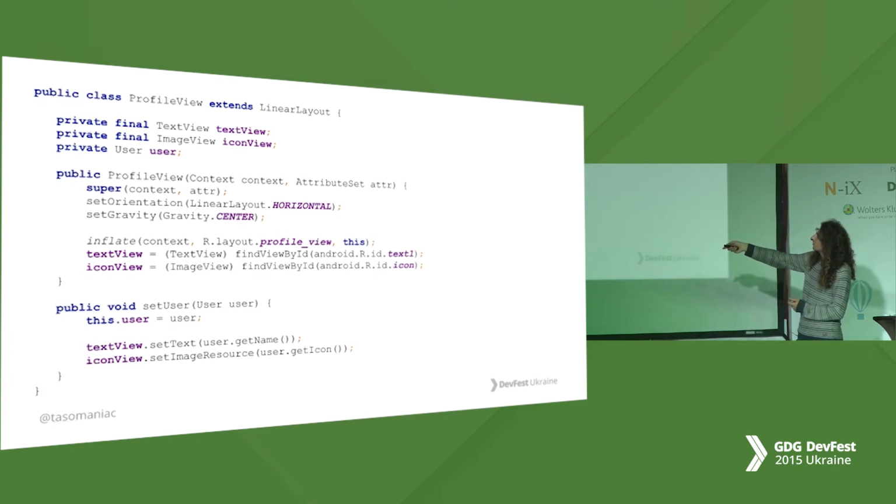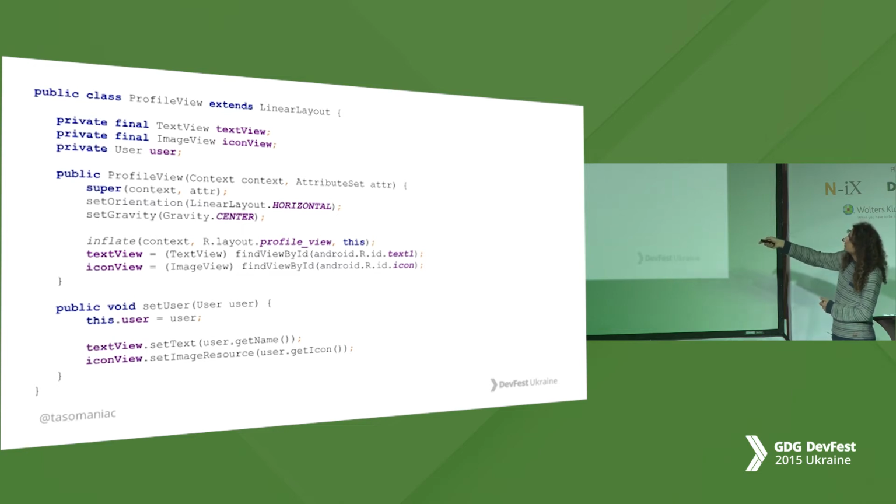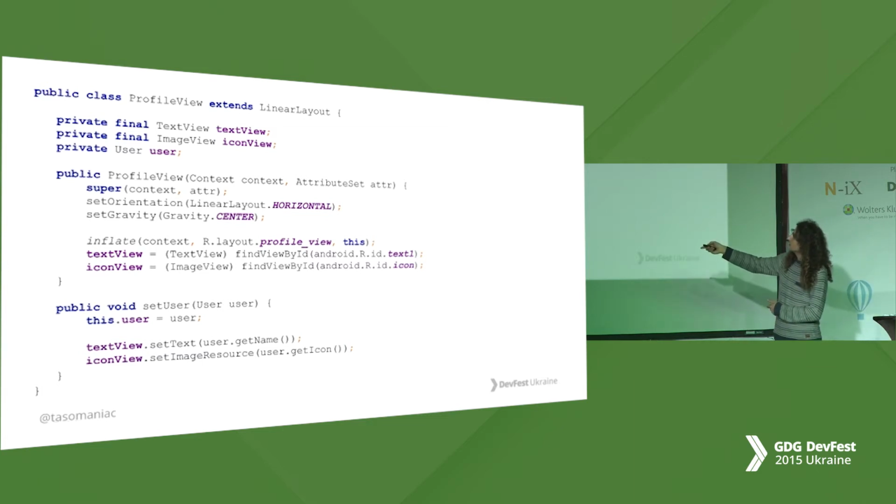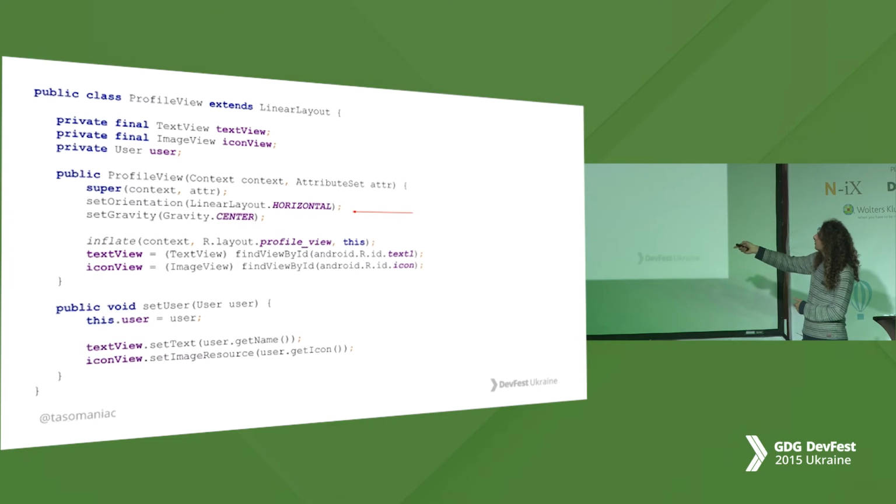In the inflate function, generally, when you put a view group here, it inflates the layout and automatically puts all the views inside this into this linear layout. So let's see how we modified the profile view.